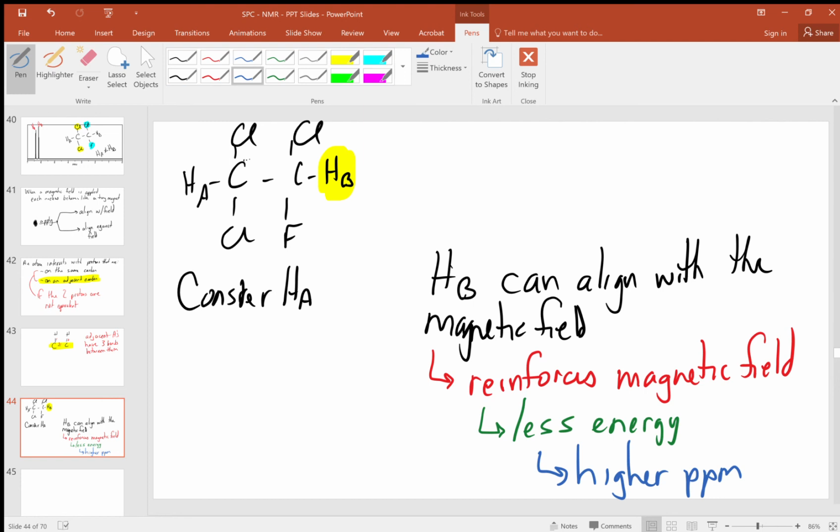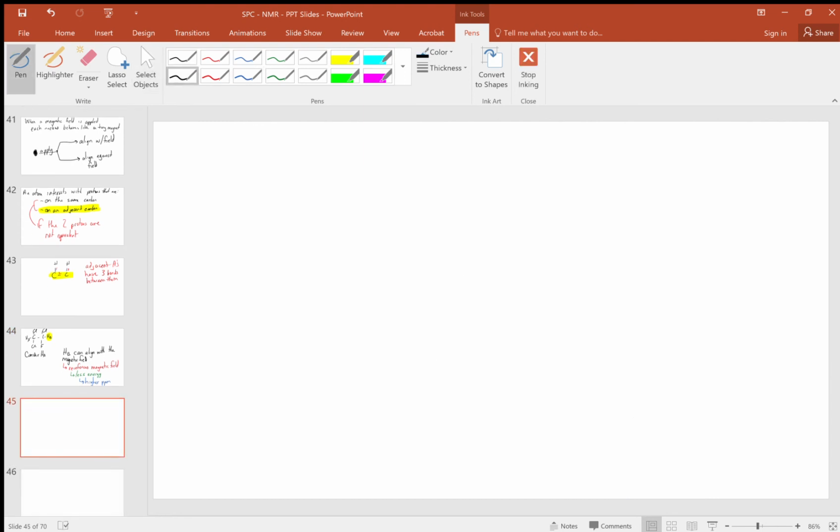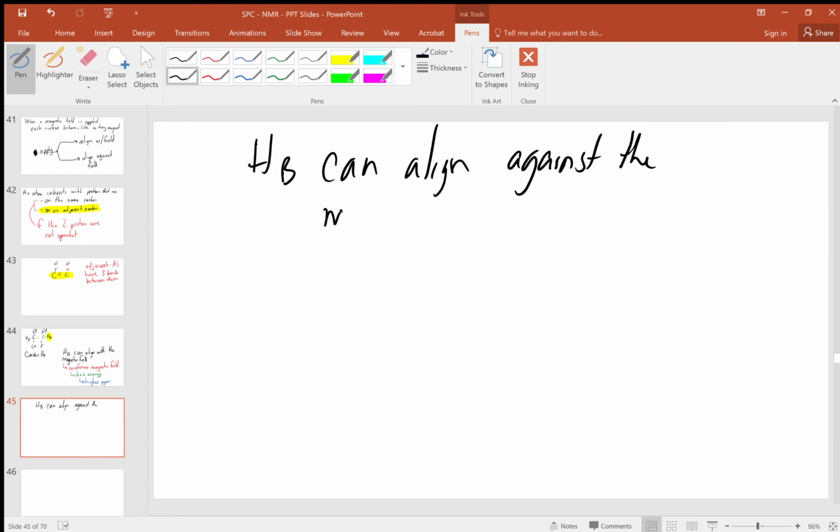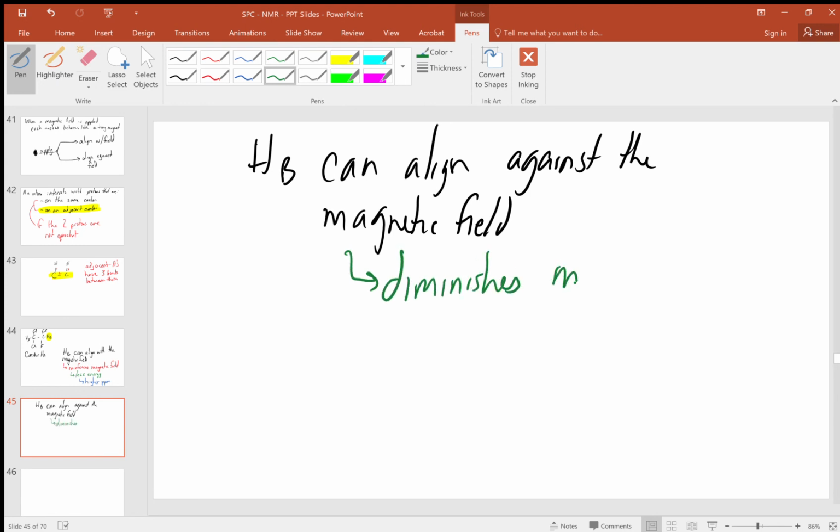So then, is the opposite also true? So HB can align against the magnetic field. Well, if it does that, this diminishes the strength of the field. By diminishing the magnetic field, we essentially make it weaker.